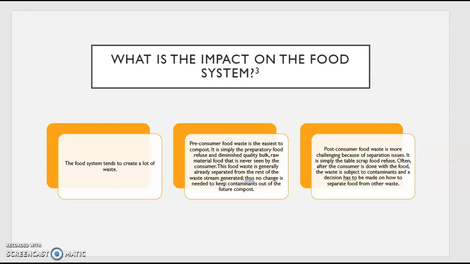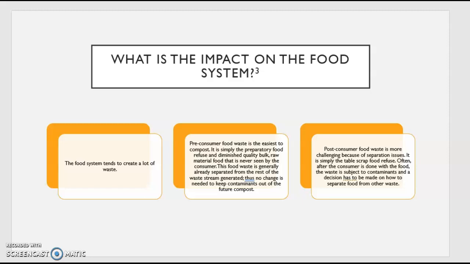And then we have post-consumer food waste. This is a little bit more challenging because of separation issues. It's simply the table scrap food refuse, and often the consumer is done with the food and waste is subject to contaminants, and a decision has to be made on how to separate food from other wastes.